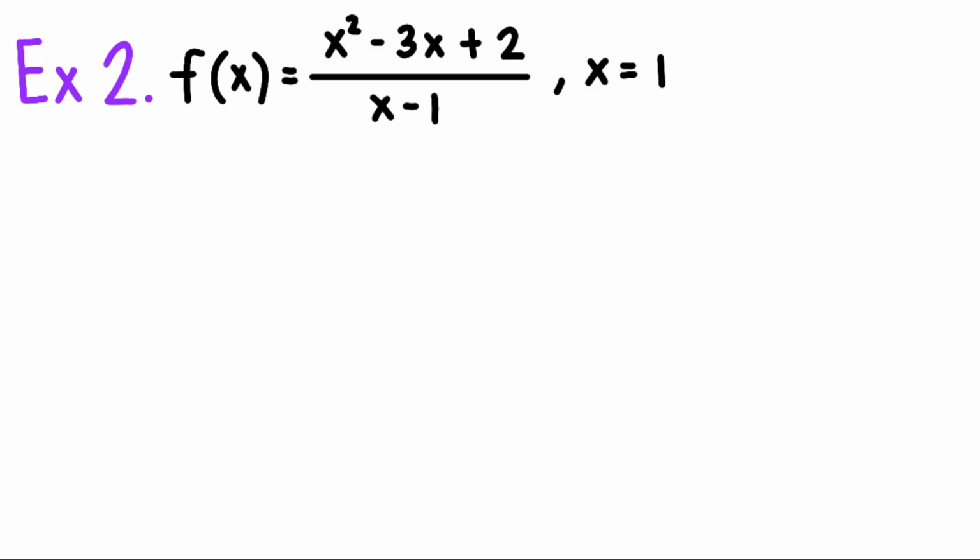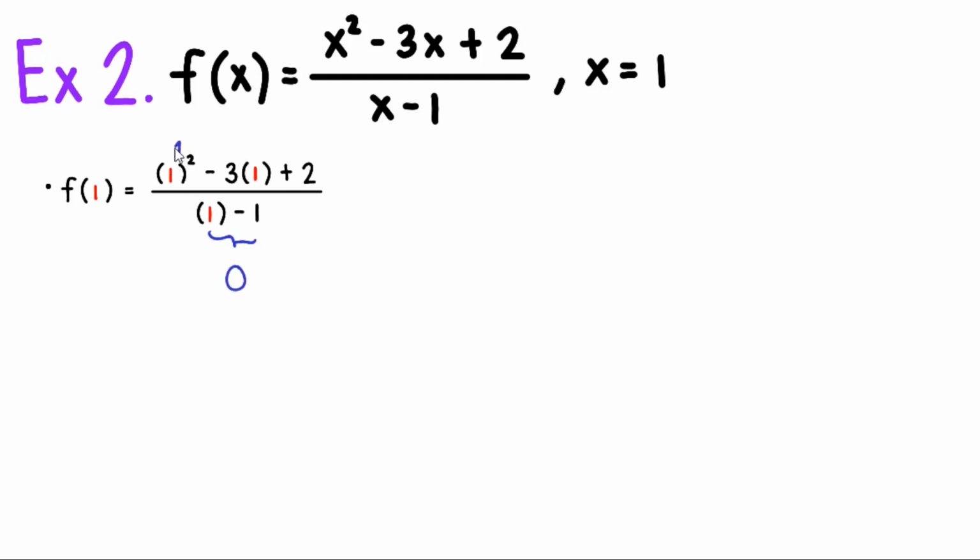Again, starting with the first step, we check if f of 1 exists, or that is, f is defined at x equals 1. So we just plug in 1 in this function. So we have 1 squared minus 3 times 1 plus 2 all over 1 minus 1. So clearly the denominator becomes 0.